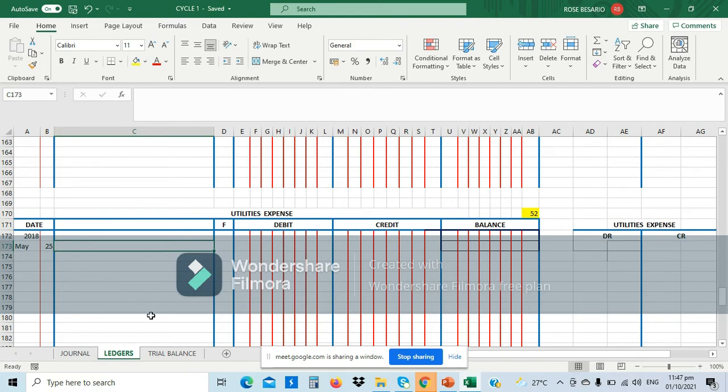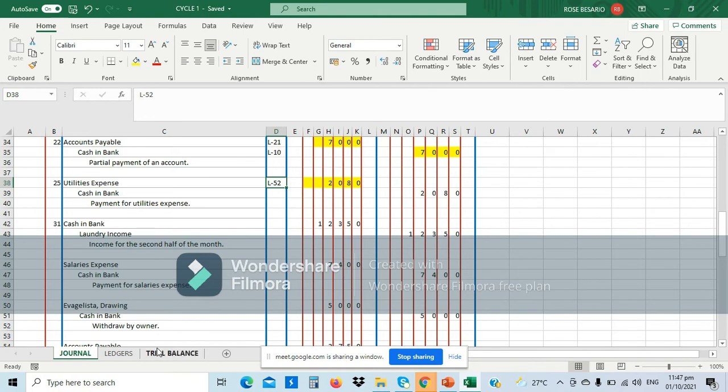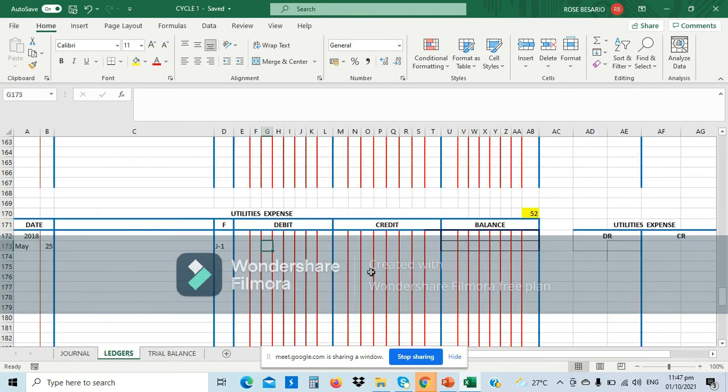Then, no need for explanation. This is from J1. So, it's a debit of how much? 20,080. Okay, so extend 20,080.